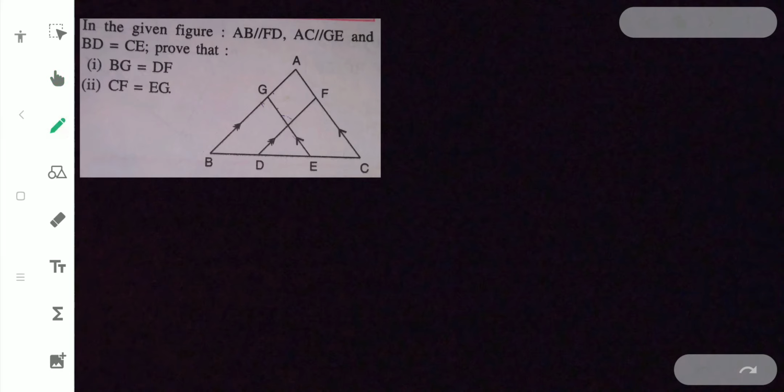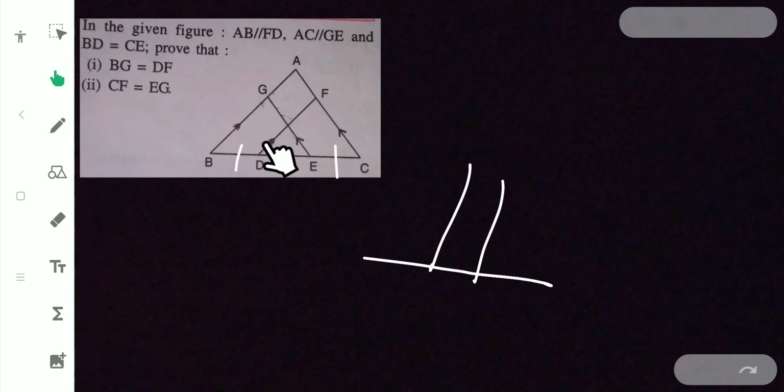I will write here BD is equal to CE, and I am representing it with one line here. Now they are asking us to prove that this line BG is equal to DF. So now let us take these two triangles.